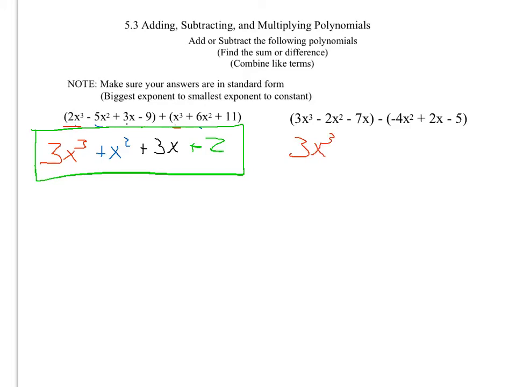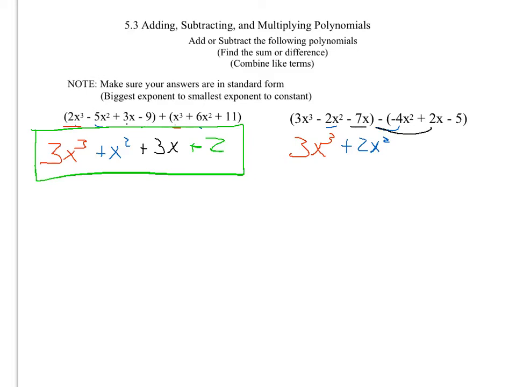And then I move down to the next exponent, which is second power. I have a negative 2x to the second minus a negative 4x to the second. So minus a negative, we know is plus. So that's going to be a plus 2x to the second, or 2x squared. Then we move down to the next, which is x to the first. And we have a negative 7x minus 2x.